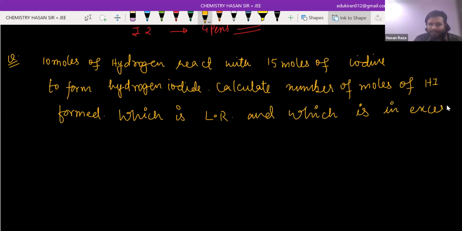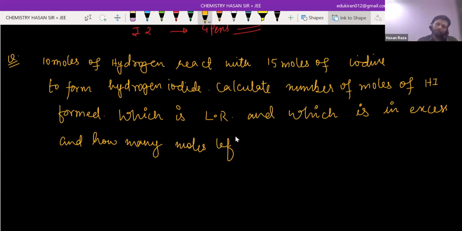The one which is the limiting reagent, and another will be in excess. And how many moles are left? The one which is in excess, some quantity of that will be left. So please do it, and if you are not able to write the equation, please do let me know.